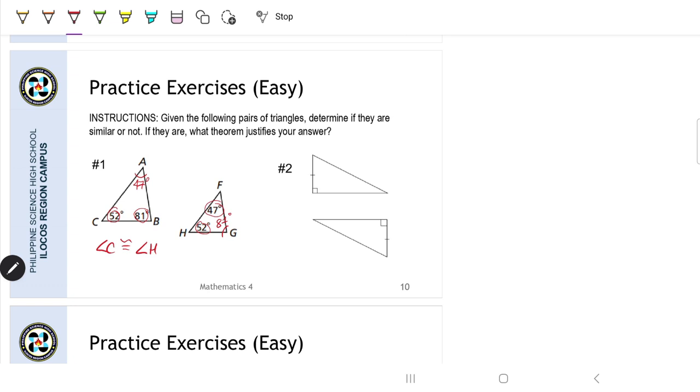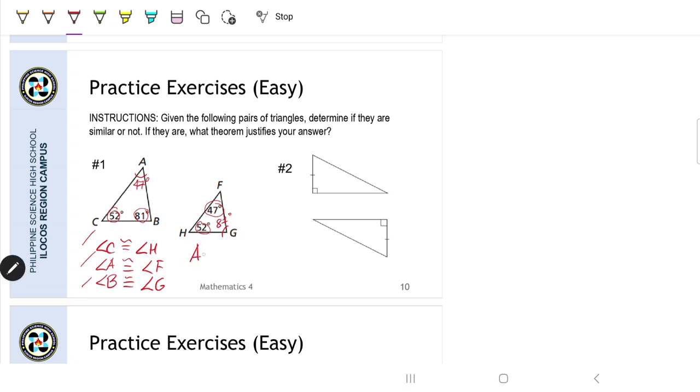If we look at our given pair, angle A is now equal to angle F. They are both 47 degrees. And then angle B is now congruent to angle G because they are both 81 degrees. So we have here three pairs of congruent corresponding angles.